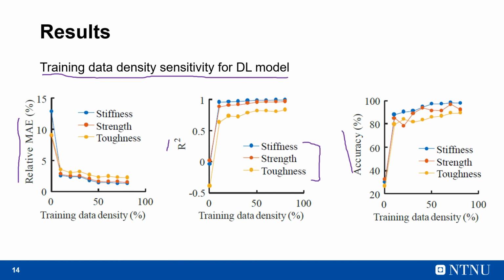Looking at them, we see that adding new training data, the performance increases as expected, but what's important to understand is that we need just 20–30% of the training data to obtain high accuracy for the prediction.